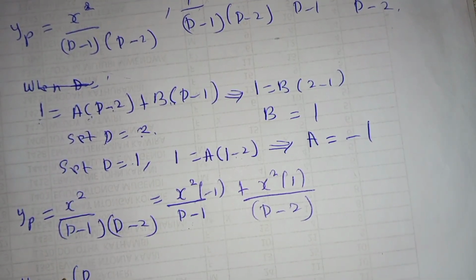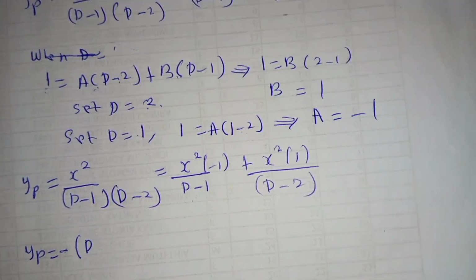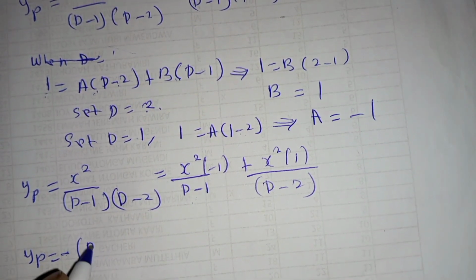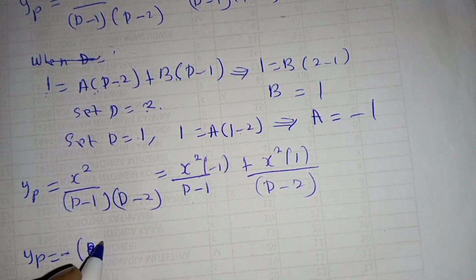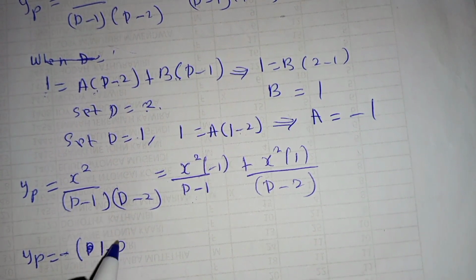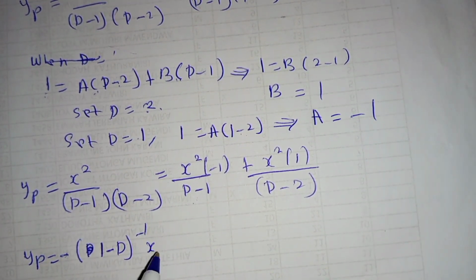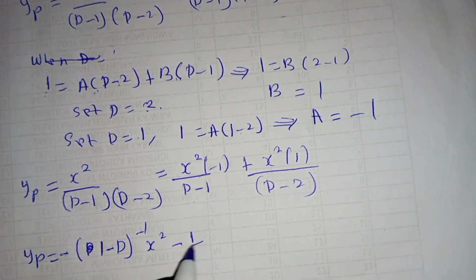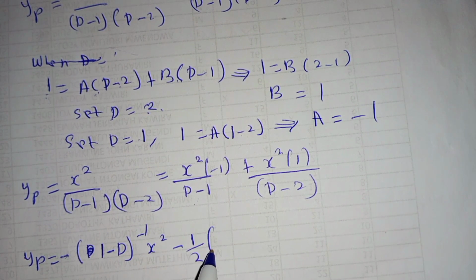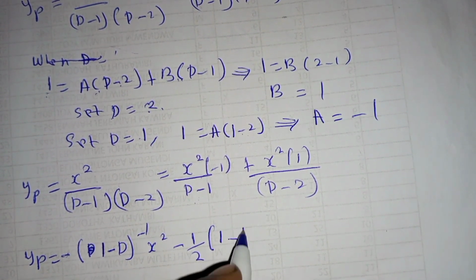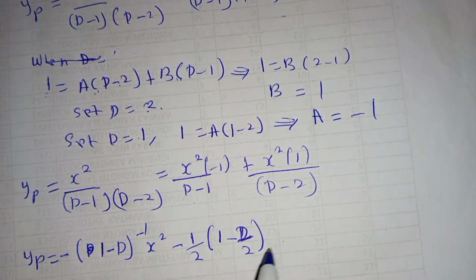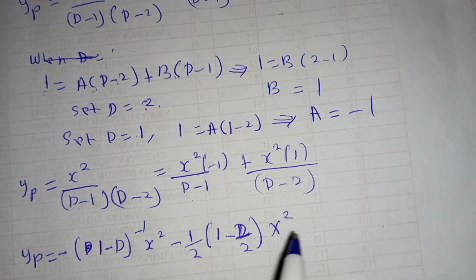But here we have negative, and the negative which we factor out will become positive, so that now here we are going to have (1 - D)^(-1) x squared, then minus half into bracket (1 - D/2) x squared.